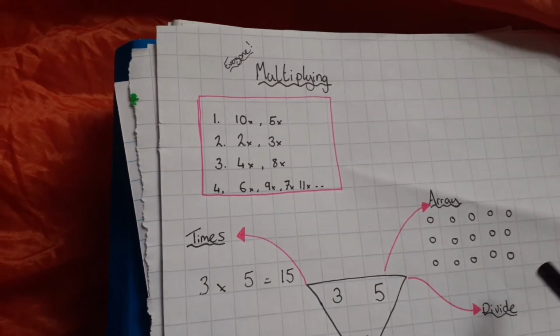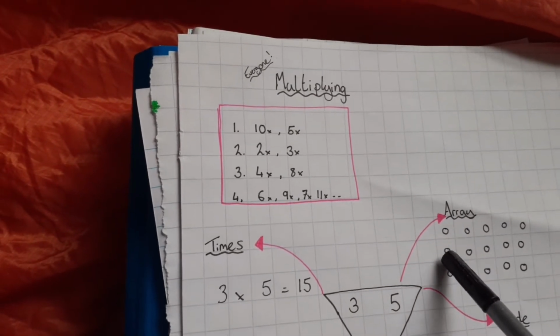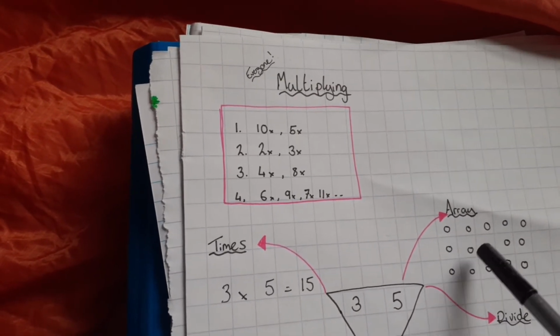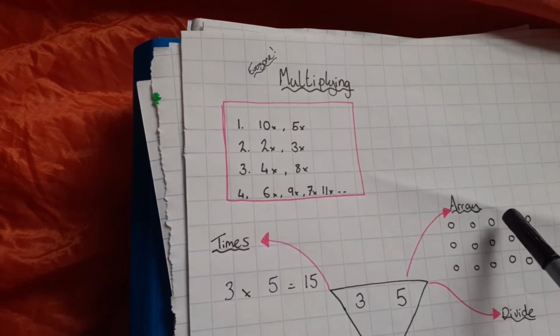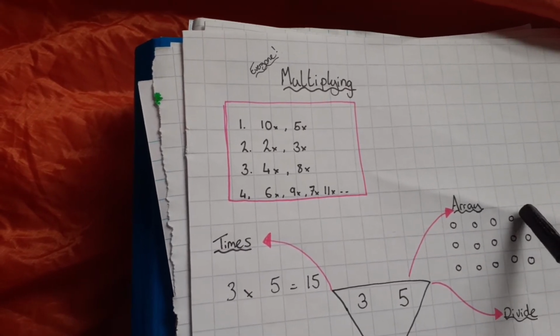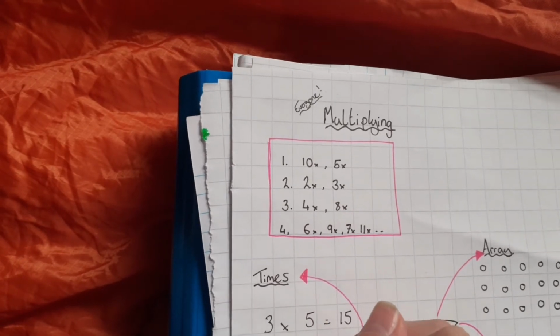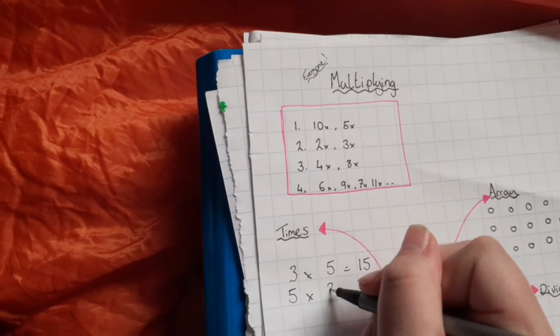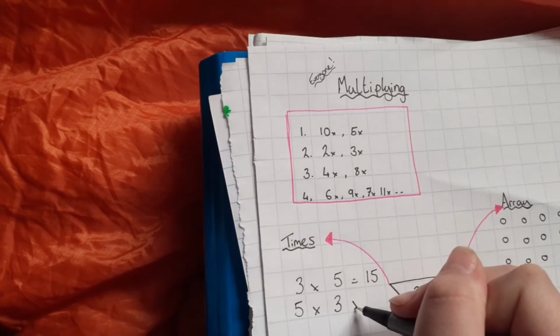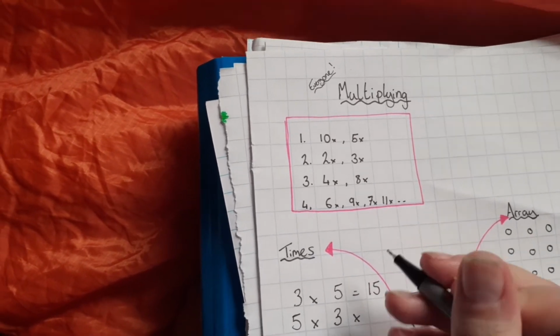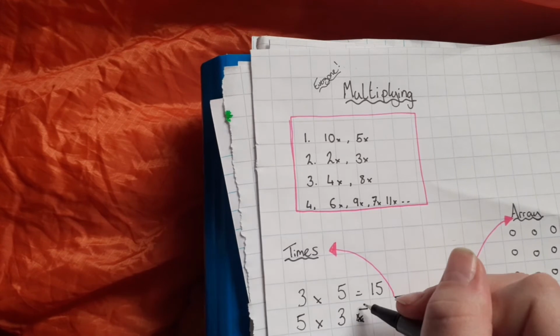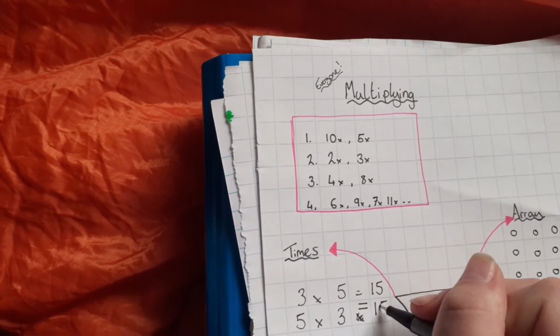Or if I go down the page, that's a group of 3, a group of 3, a group of 3, a group of 3. I've got 5 groups of 3 making, oh, that's not the right sign for an equals, is it? Equals 15.